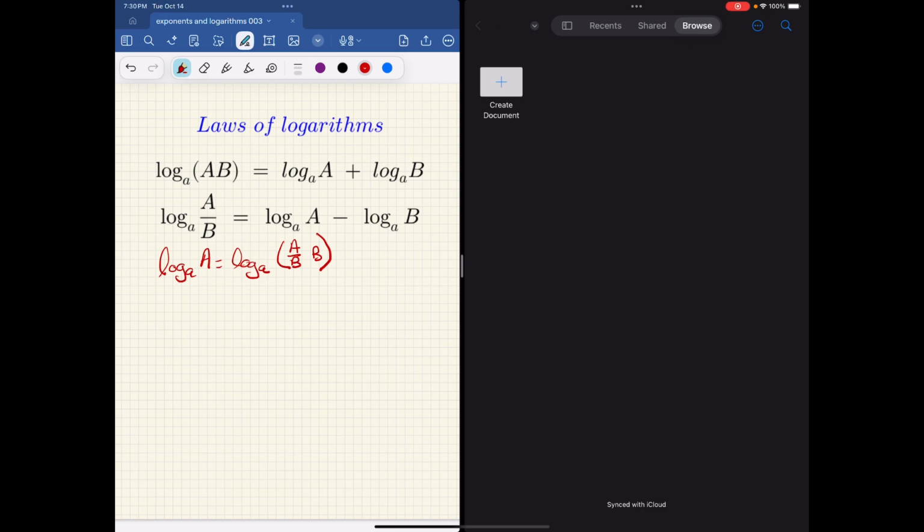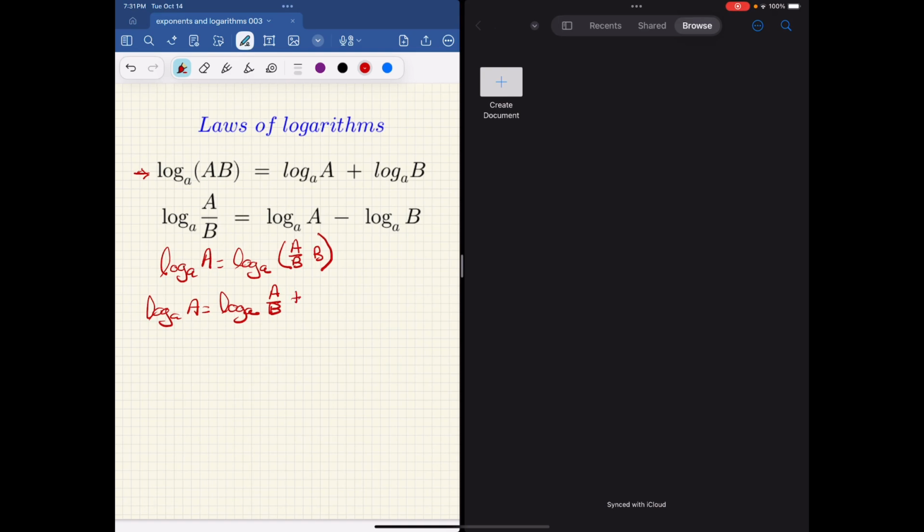Now we're going to use what we had up here, our first law, to say log base a of A equals log base a of A over B plus log base a of B. Now we'll move this over to this side and rewrite this simply as log base a of A over B equals log base a of A minus log base a of B.